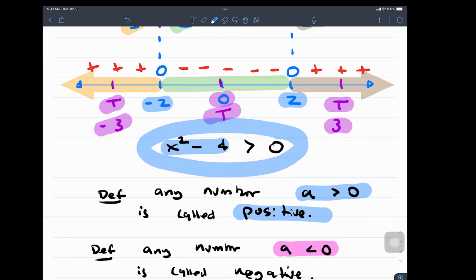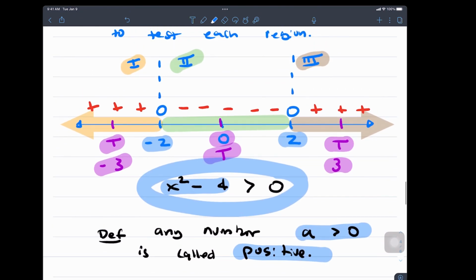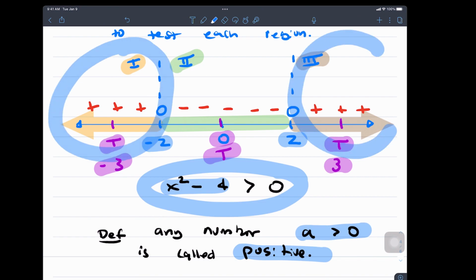Where is this x squared minus 4 positive? Region 1 and region 3. So it's positive in region 1, where else? Region 3.